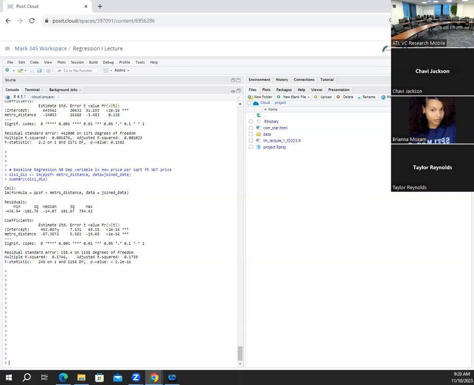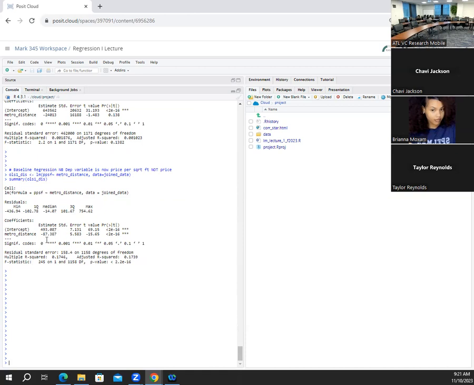Say that again for me. As the distance of the metro gets, well, since it's negative, if it gets further, it will decrease more. Right, so the price per square foot would decline the farther away you are from the metro station, the further the home or apartment or whatever the residence is.